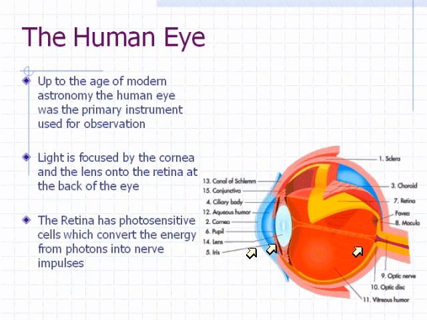And then finally, back here, the retina actually senses the radiation, the light. The eye is great for what we use it for, just observing around us. But because most objects in the sky are so distant, our eye is very limited in providing any detail to these objects.